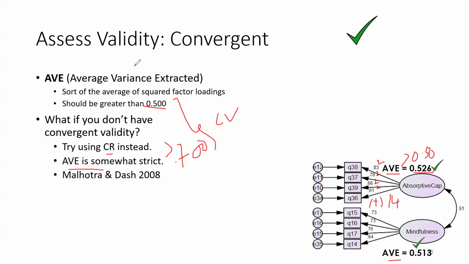So how do you establish convergent validity using the AMOS software confirmatory factor analysis? The AVE must be greater than 0.5, and the composite reliability, which is like a Cronbach's alpha value, has to be greater than 0.7. Even greater than 0.6 is acceptable. Then we establish convergent validity.